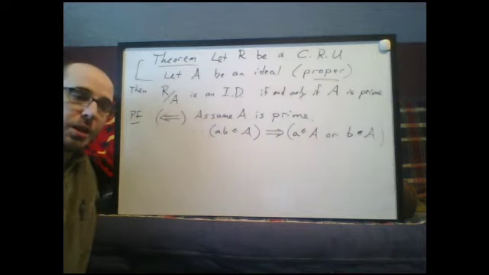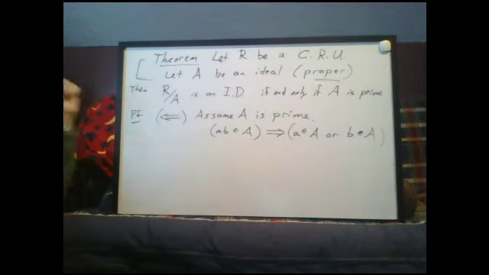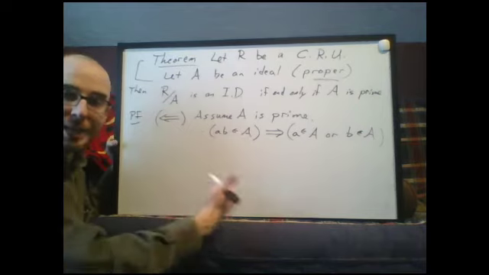And if you recall, the simplest way to prove that a ring has no zero divisors is we assume that we have a product in the ring and it equals 0.